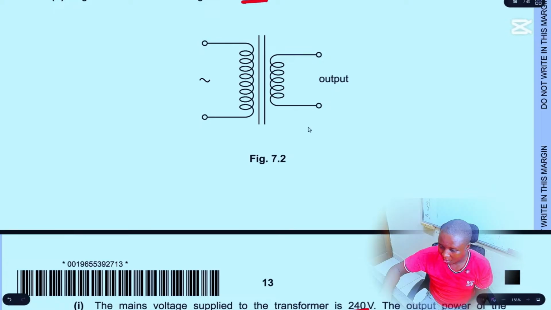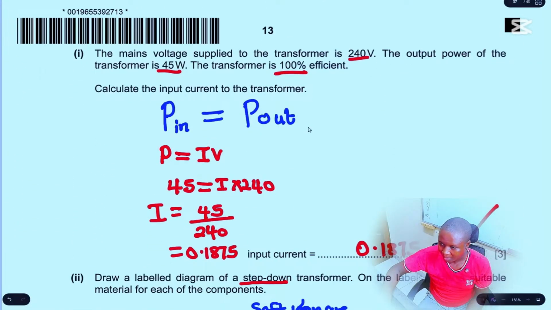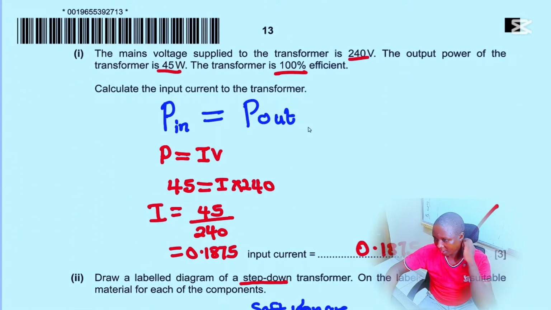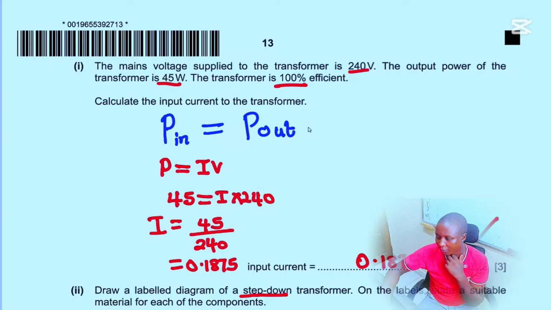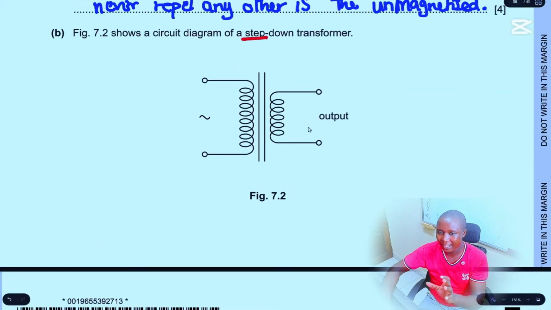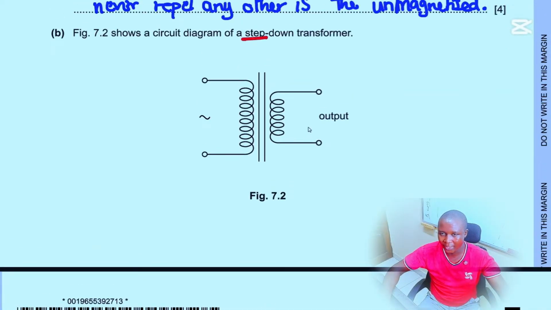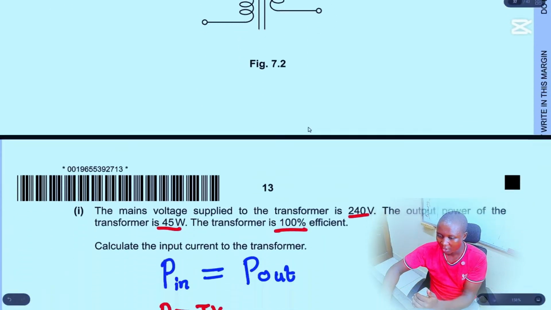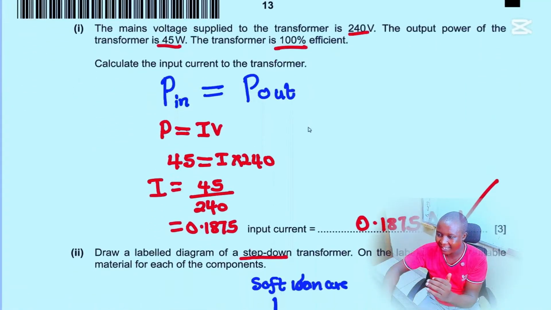Now let's look at this particular question. The main voltage supply to the transformer is 240 volts. The output power is 45 watts. But since we are told that this transformer is 100% efficient, it means power in is equal to power out. In the question we are told to calculate the input current.